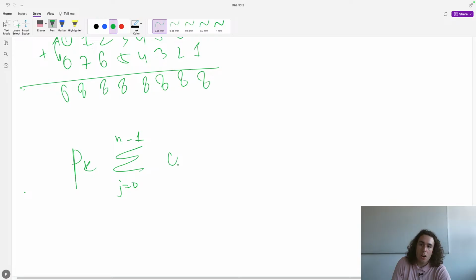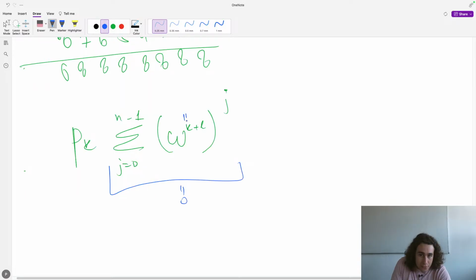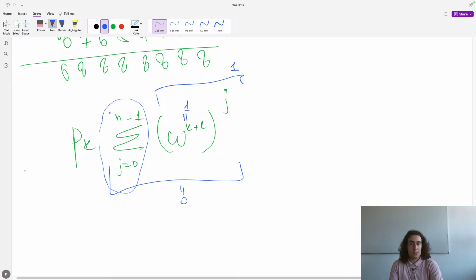And we know that most of the time this is 0. But if omega to the power of K plus L is 1, then this is 1 to the j, so this is 1. And I sum up for all js. So I add 1 plus 1 plus 1 plus 1 plus 1, which is n. So at the end, I get pK times n. This is where the multiplication by n came from. And now we need to undo it, so we need to divide by n to get the values pK.